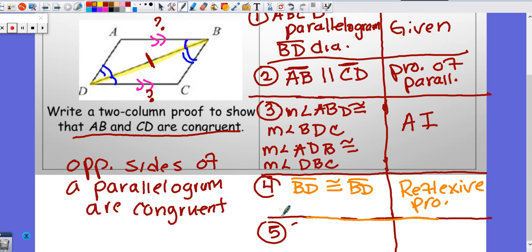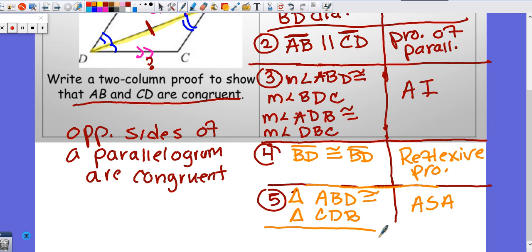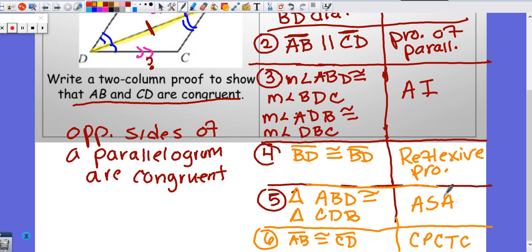Now I can say triangle ABD is congruent to triangle CDB by angle, side, angle. And remember, you always have to write down everything that you added based on your logic that you know to be true. And then 6, we're going to say, therefore, AB is congruent to CD by CPCTC. And now we're done.